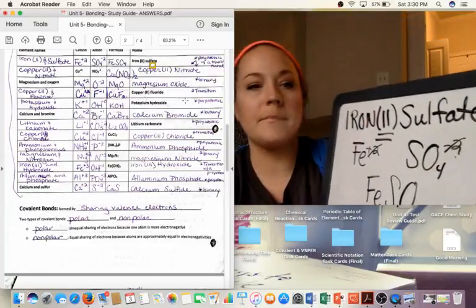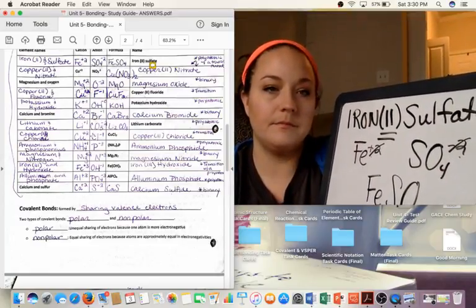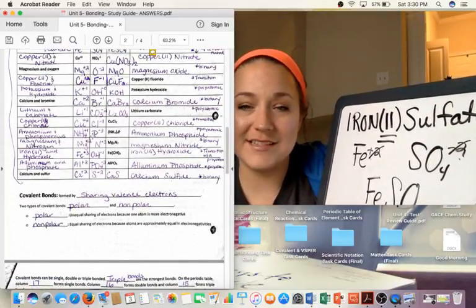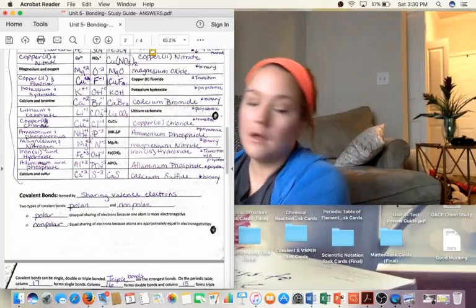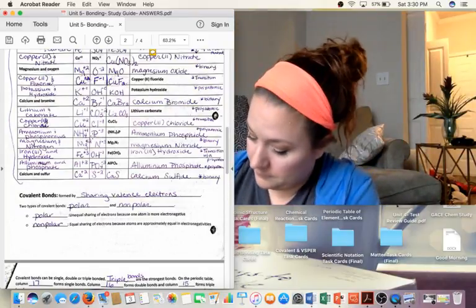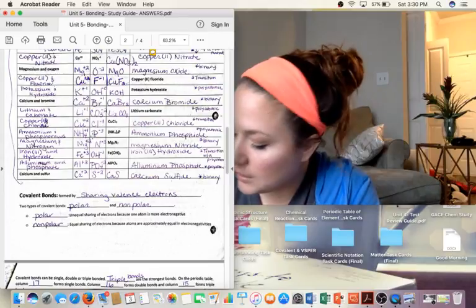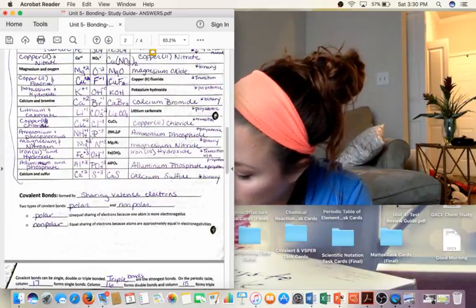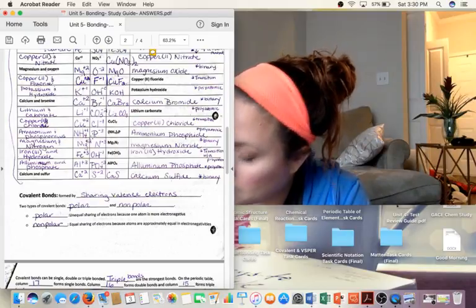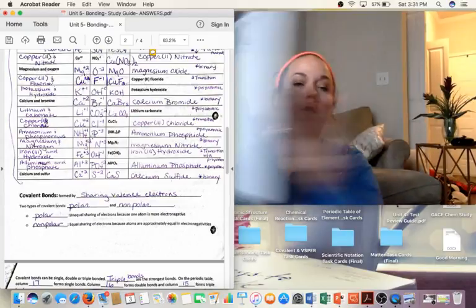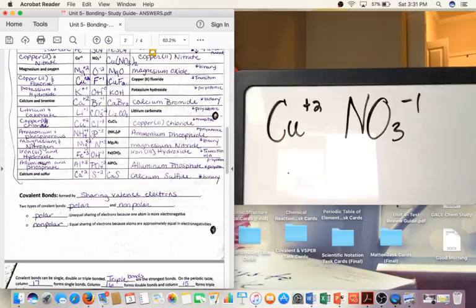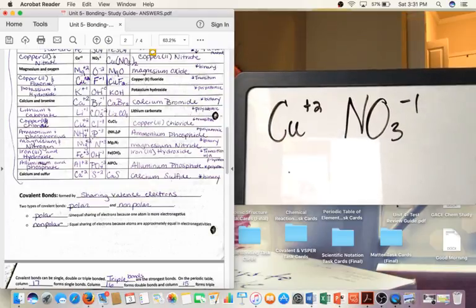All right. The next one, copper and nitrate. This is what you start out with. The question starts off with a copper +2, a nitrate, NO3, with a -1 charge.